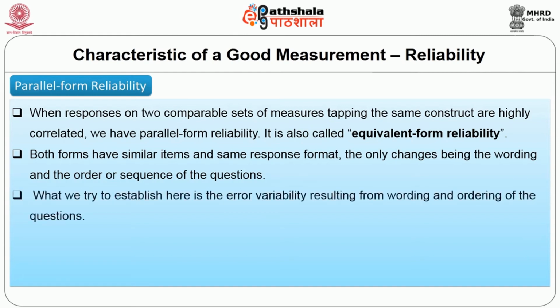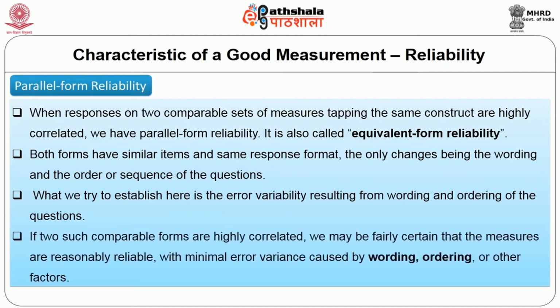What we try to establish here is error variability resulting from wording and ordering of questions. If two such comparable forms are highly correlated, we may be fairly certain that the measures are reasonably reliable, with minimal error variance caused by wording, ordering, or other factors.